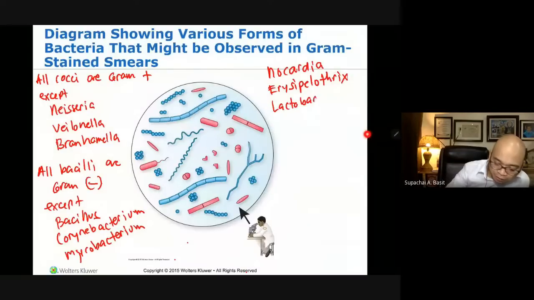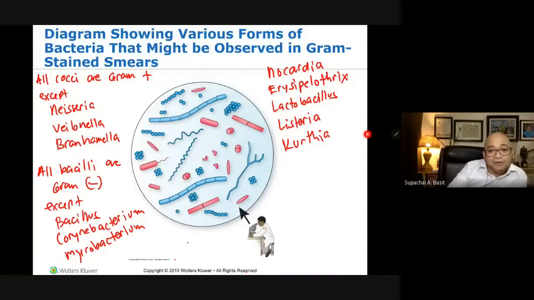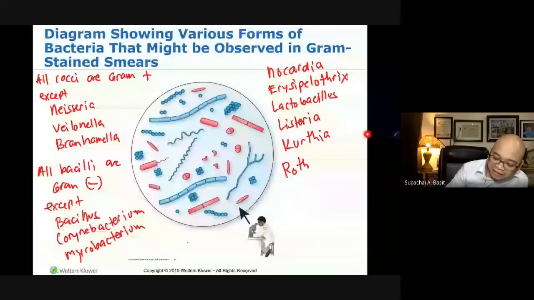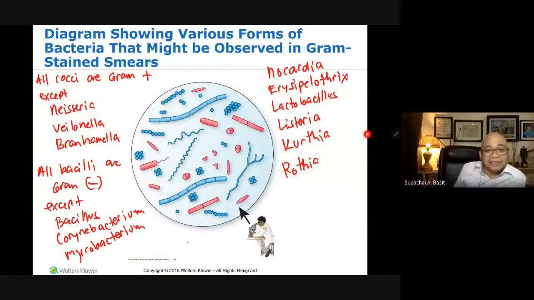Lactobacillus is a gram-positive bacteria. Listeria is a gram-positive bacteria. Pursia is another example of gram-positive bacteria. Rothia. So these are gram-positive bacteria.